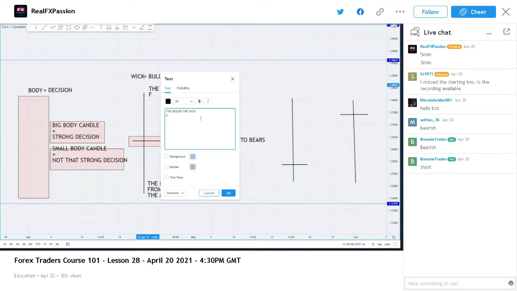The bigger the wick on the upside from the body, the bigger the wick on the upside of the body of the candle, the more bearish pressure.